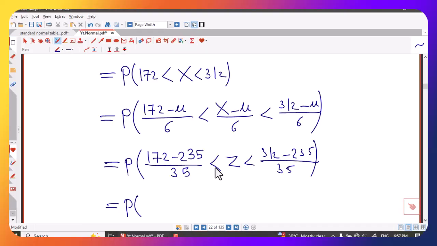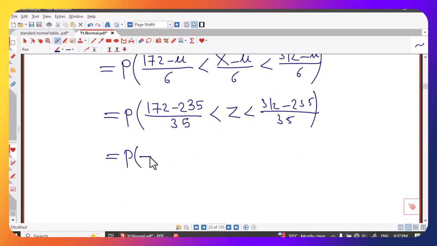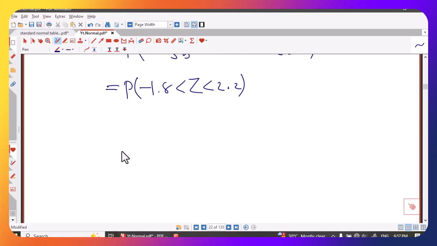So that means Z lies between minus 1.8 and 2.2. Now we have to calculate this probability using the standard normal table, and we can use parts A and B also. We have obtained the required values.